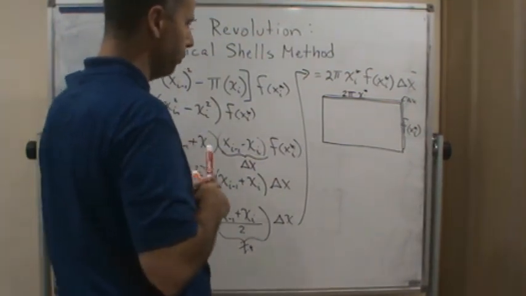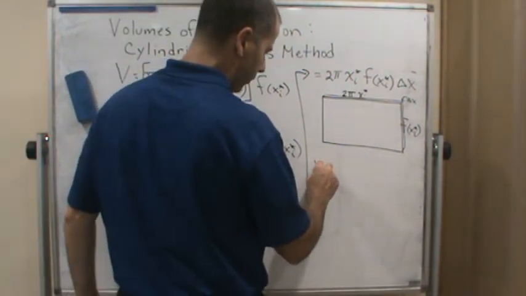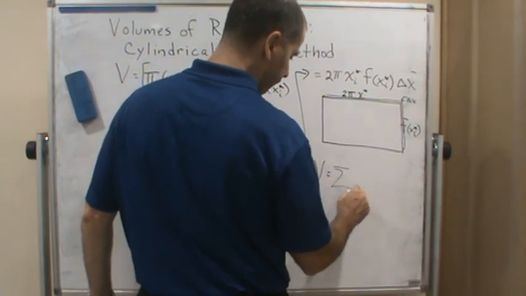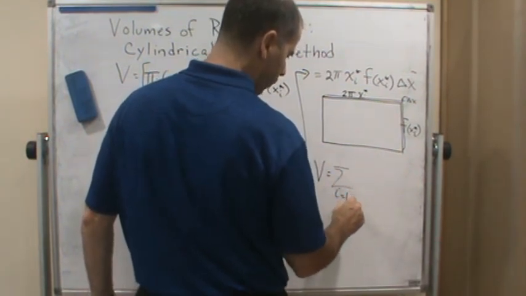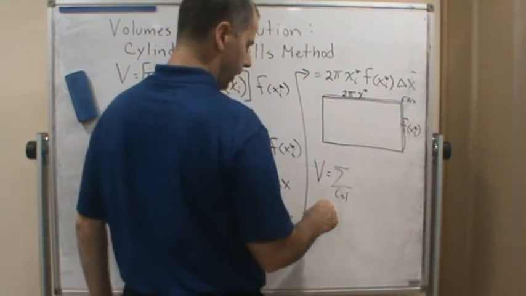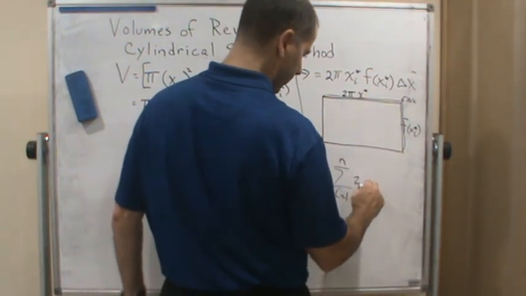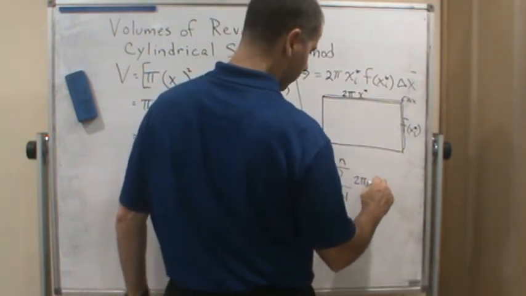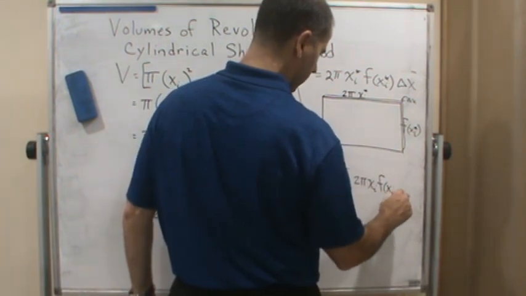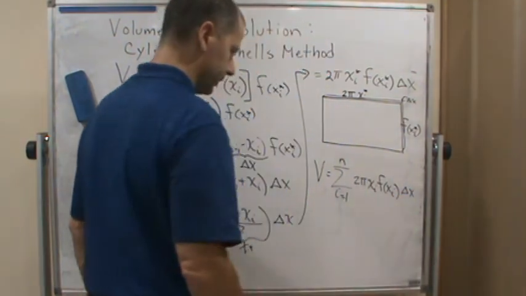So this is the volume of one shell. That means the volume of the solid of revolution is going to be the sum from i equals 1 to n of 2 pi x sub i times f of x sub i delta x.